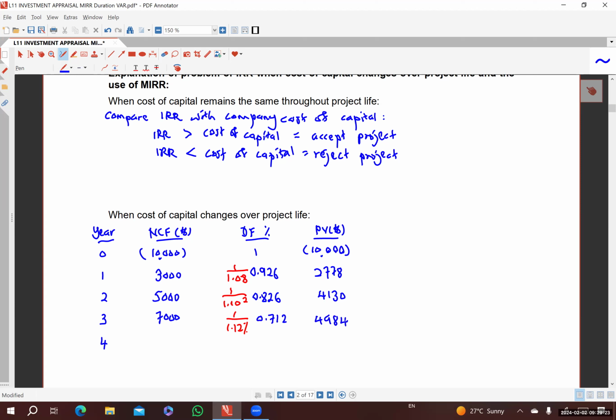Say 4,000 in the last year, and the discount rate, let's say, is 5%. 1 divided by 1.05 to the power 4, so that's 0.823.